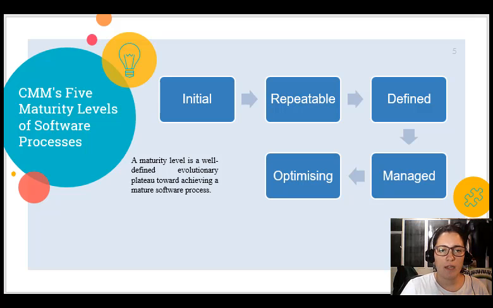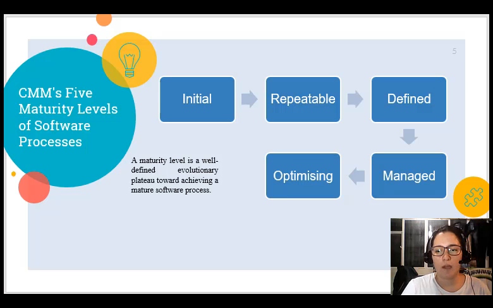Each maturity level comprises a set of process goals that, when satisfied, stabilize an important component of the process. Achieving each level of maturity establishes a different component in the software process, resulting in an increase in the process capability of the organization.